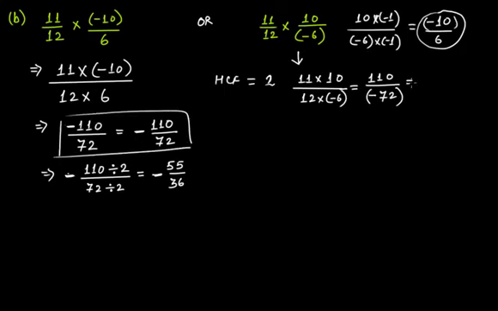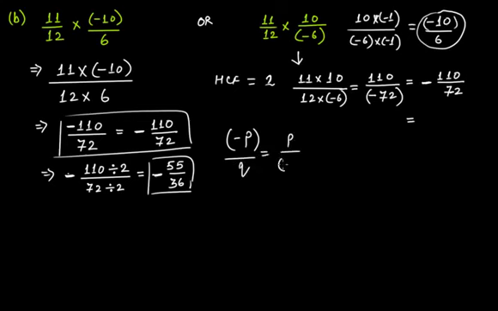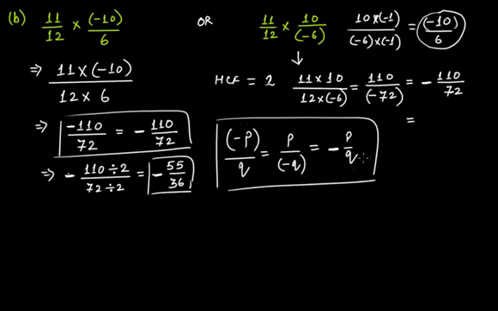So you can write this one with the minus sign here, 110 and 72, right? So if you divide it, this comes exactly as this one, because you have to remember that minus p over q is equal to p over minus q, and this is equal to the minus sign in the center, right? So all these are actually equal. Whichever form you want to use, you can use.